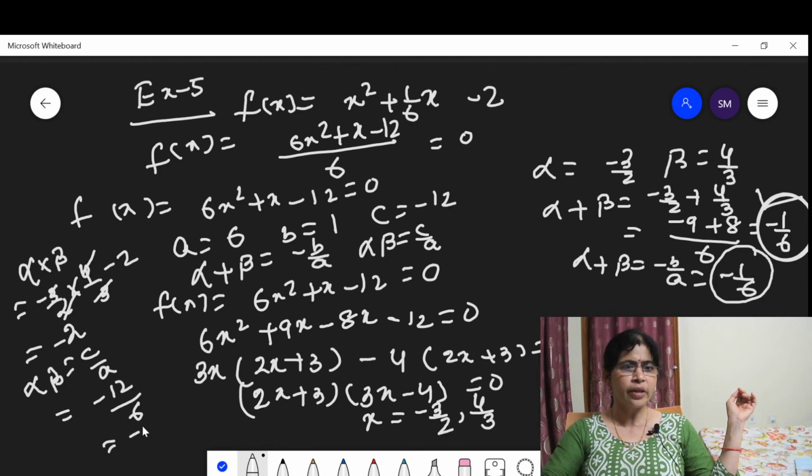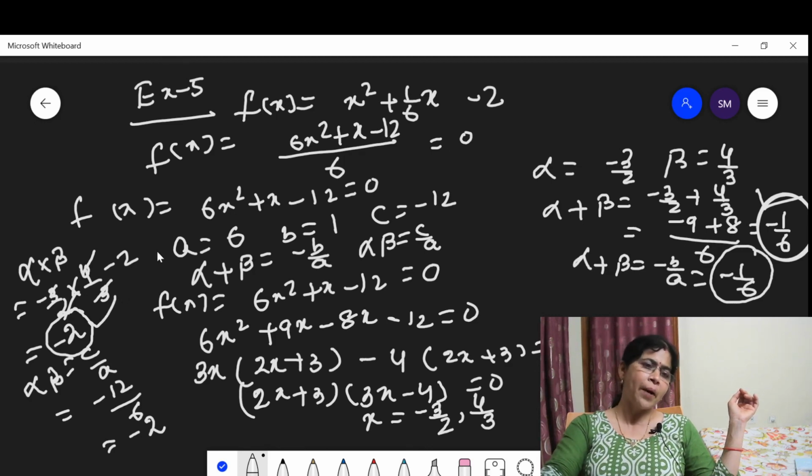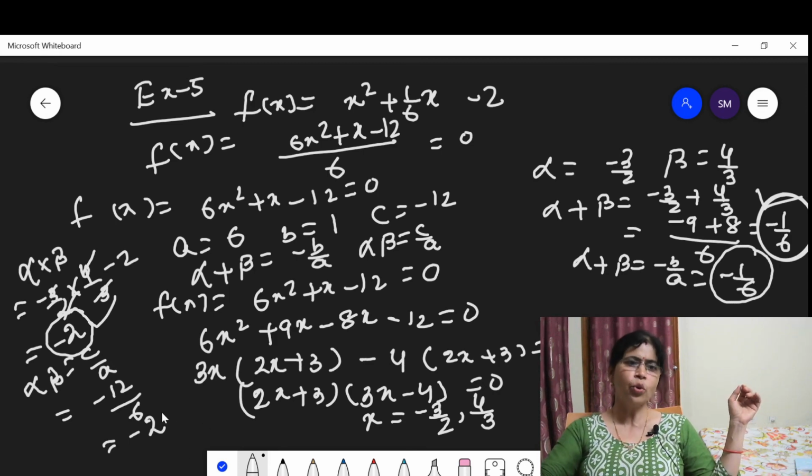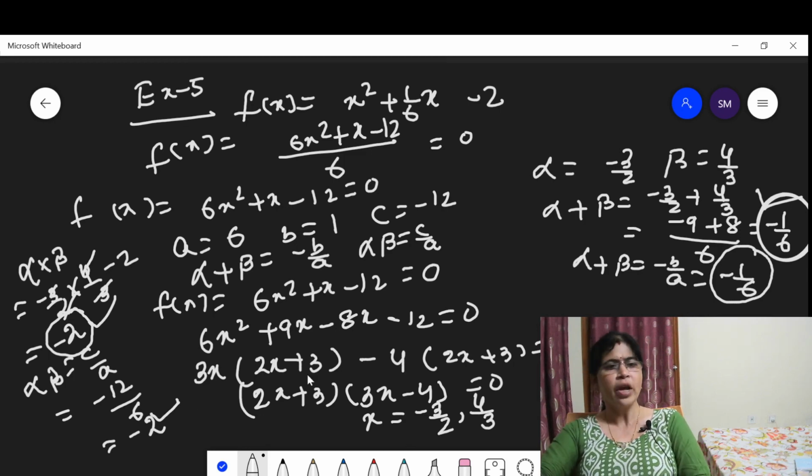Here also we get minus 2, hence verified. When we multiply the two zeros alpha into beta we get minus 2, and by applying the formula we also get minus 2, hence verified the formula. Then students, today this much.